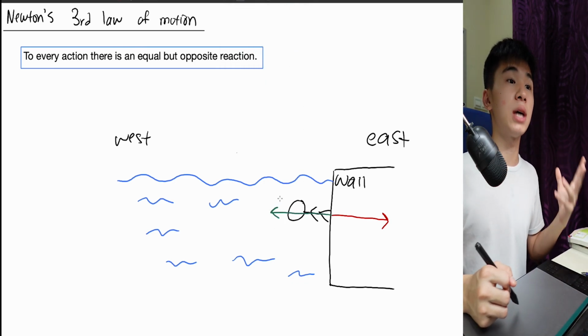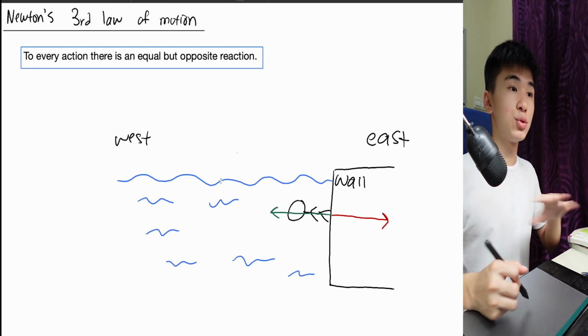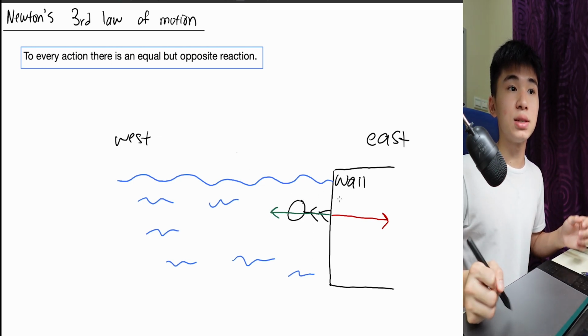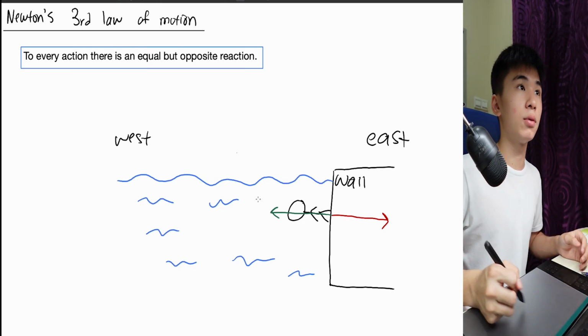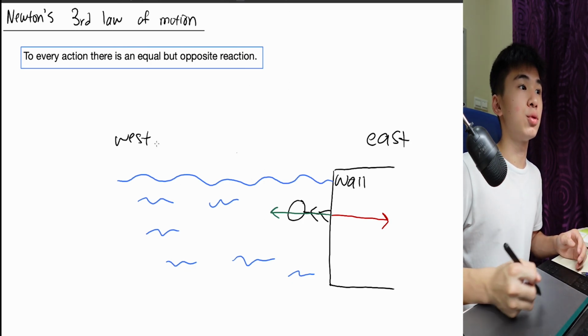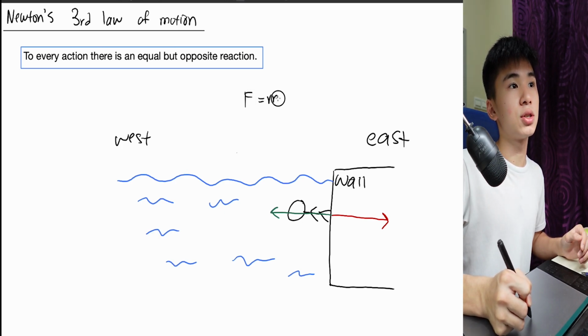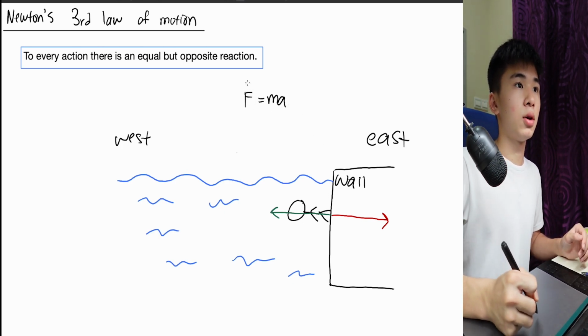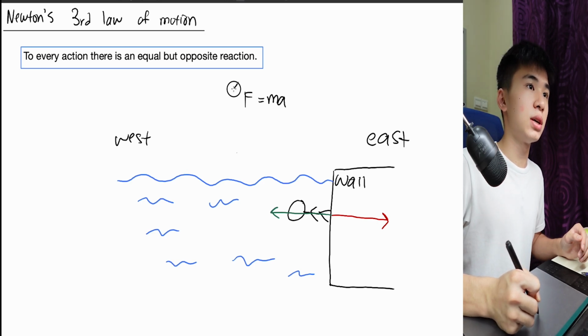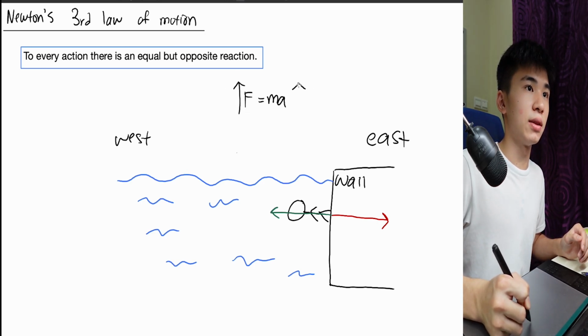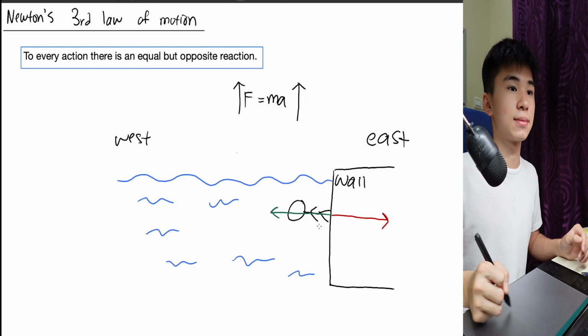That's why every time when you want to swim, when you kick this wall, it will push you, and you will swim to the west direction, which means that if you apply greater force to this wall, you will swim faster, right? Because an increase in force means an increase in acceleration in this case.